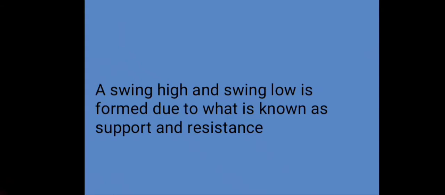Now let me explain support and resistance to you guys. A support is an area on the chart that shows a tendency to stop falling, and a resistance is a point in the chart where it shows the tendency to stop rising. That's swing highs and swing lows.